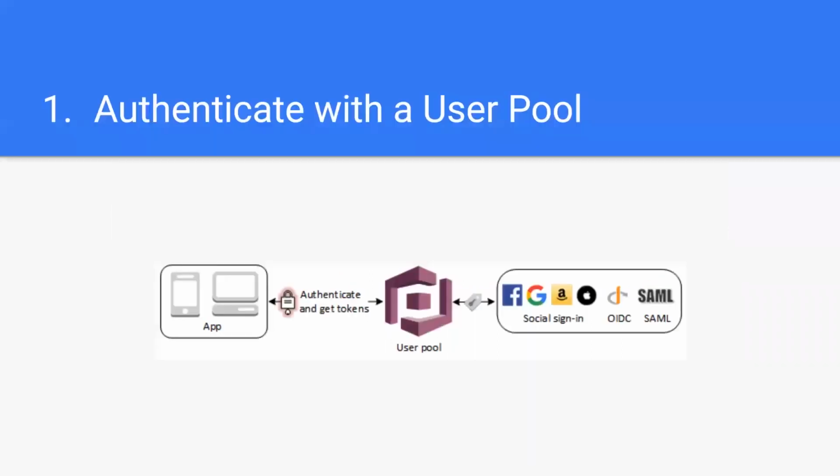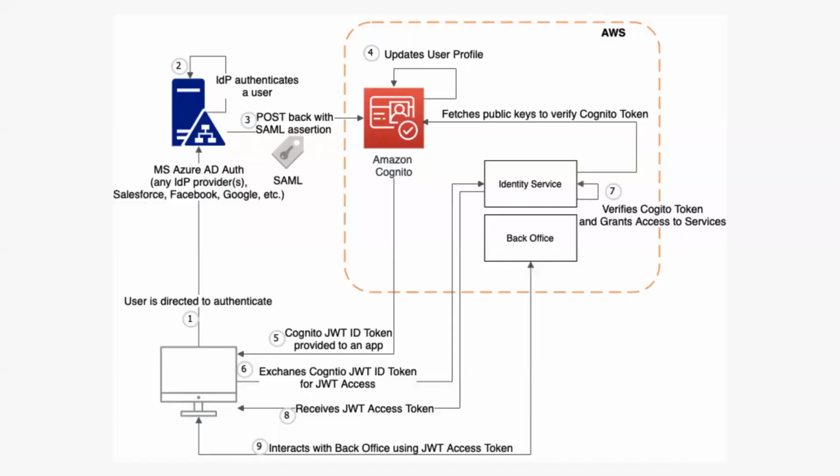So let me remind you of this one, where the user pool manages the overhead of handling the tokens that are returned from social sign-in through Facebook, Google, Amazon, and Apple, and from OpenID Connect and SAML compatible IDPs.